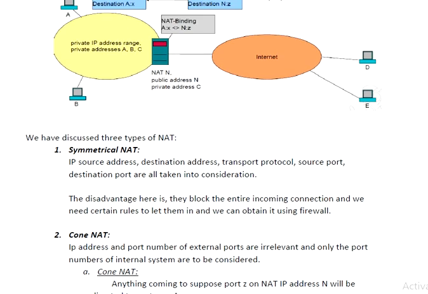In that case, you allow only DY in particular, so you will accept incoming connections only from DY to the AX port via the NAT. But if it is coming from EY or EW, it will not be accepted by the NAT.